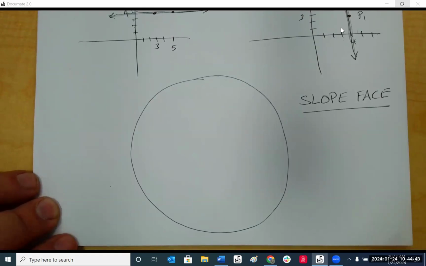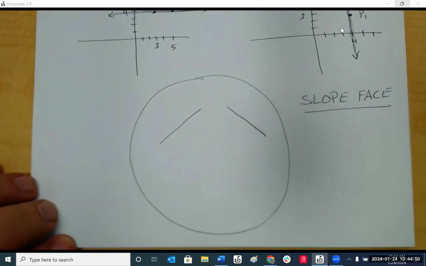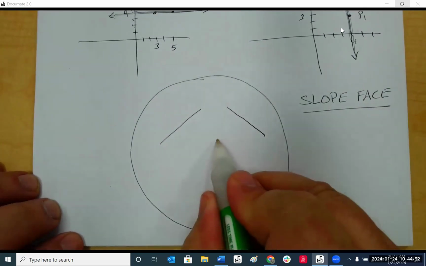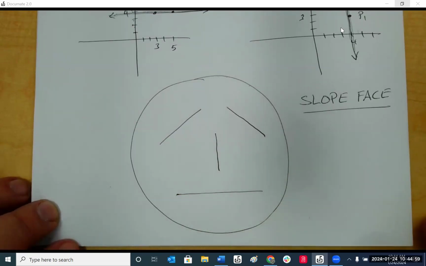This sounds Mickey Mouse-ish, but trust me, it'll help you. He's a droopy kind of guy. And here's his nose. And there's his mouth. Doesn't look too happy, does he?